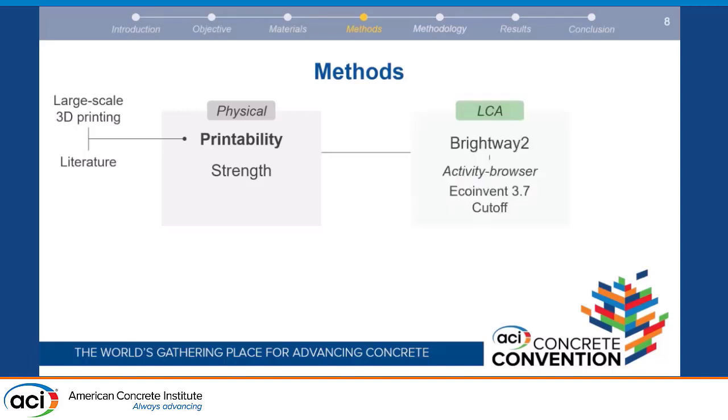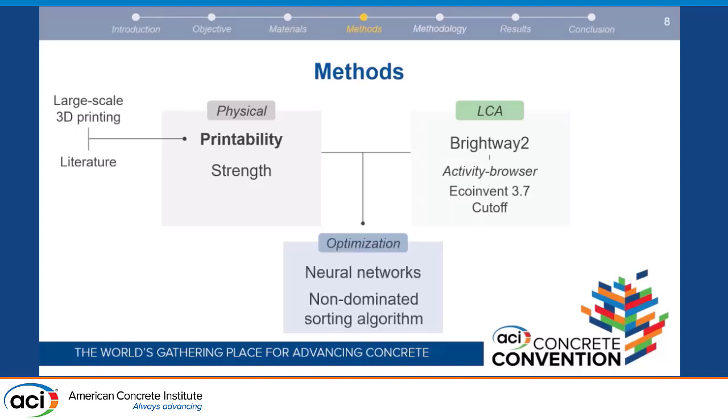For the life cycle assessment, we use an open-source software named Brightway 2, which is a Python package, along with its graphical interface Activity Browser, and the ecoinvent 3.7 cutoff database. And finally, for the optimization, we use artificial neural networks and a non-dominated sorting genetic algorithm named NSGA-II, which are also Python packages.